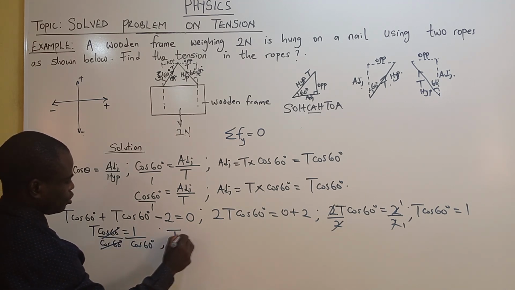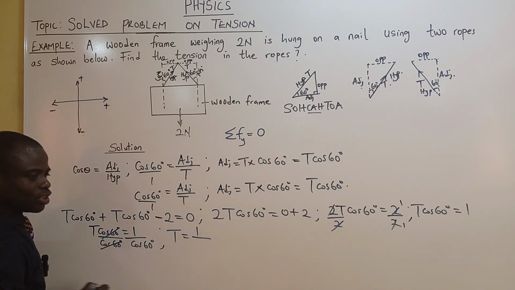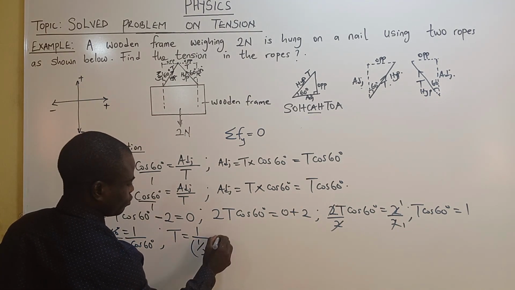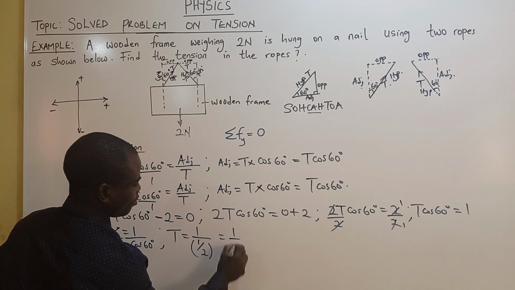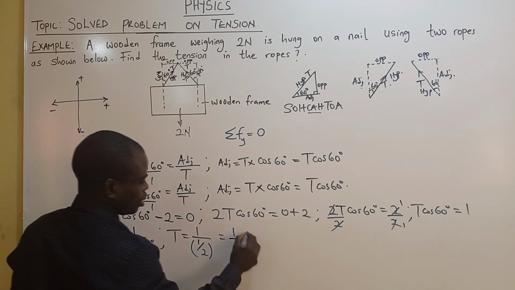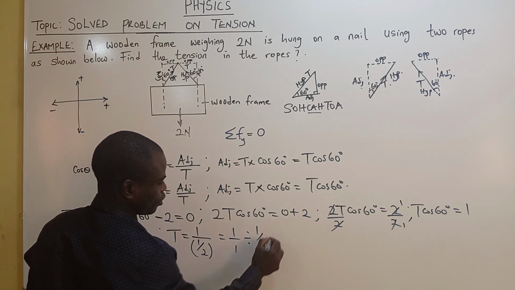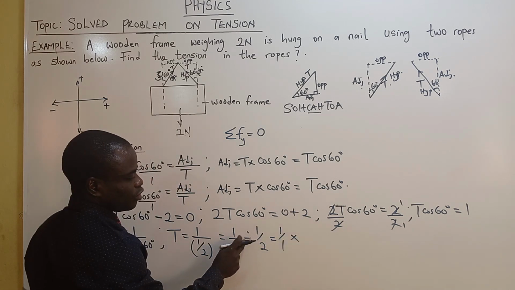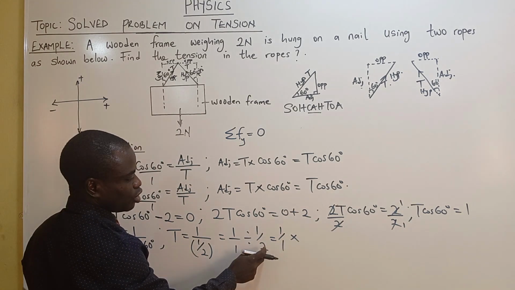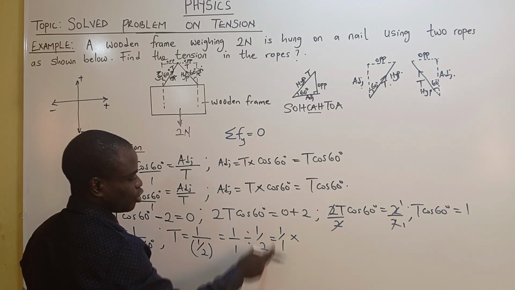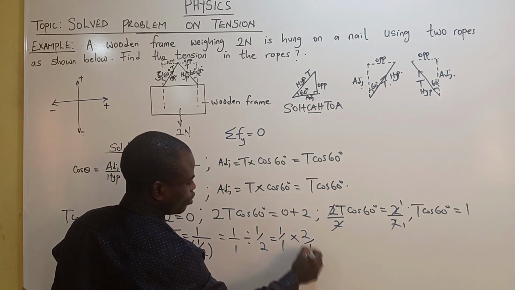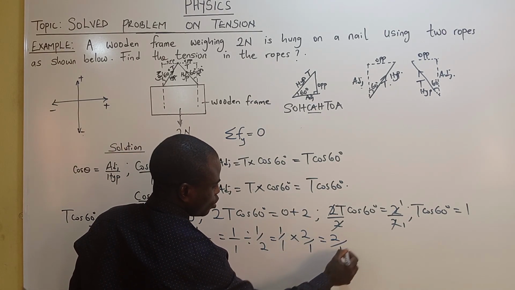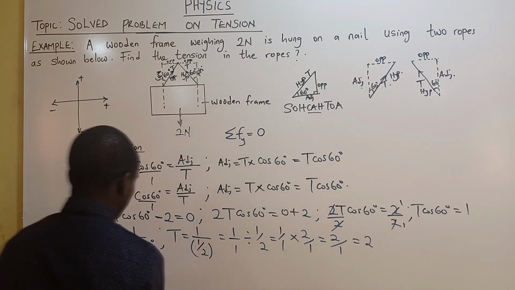You have tension equal to 1 over cos 60 degree, which is a half. That's 1 divided by 1 half. When changing division to multiplication, the denominator goes to the numerator, becoming 2 over 1, which is equal to 2.